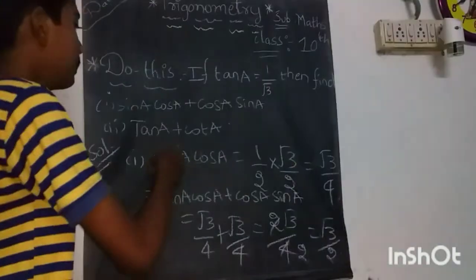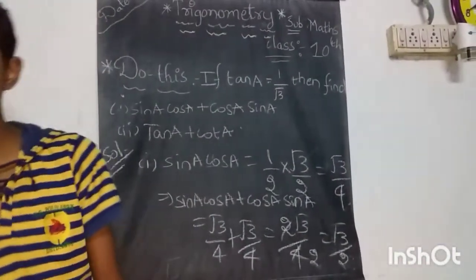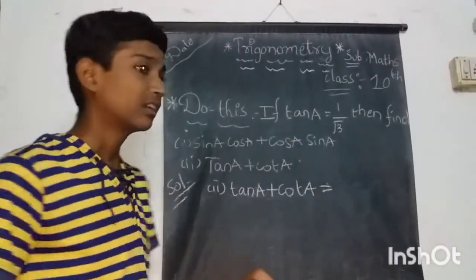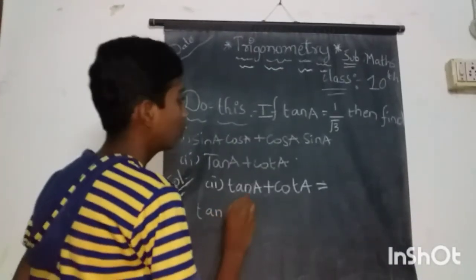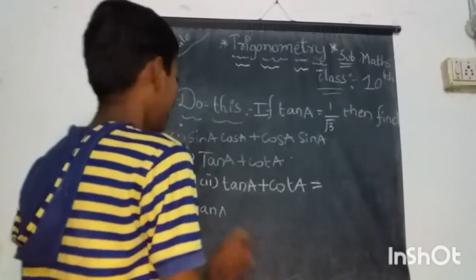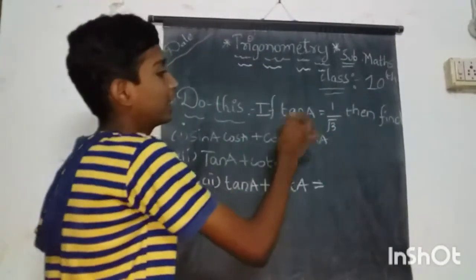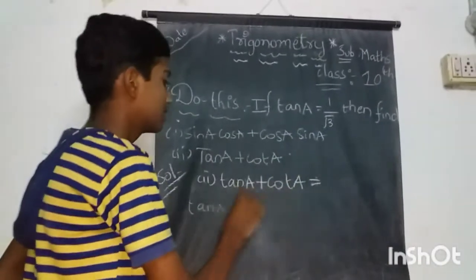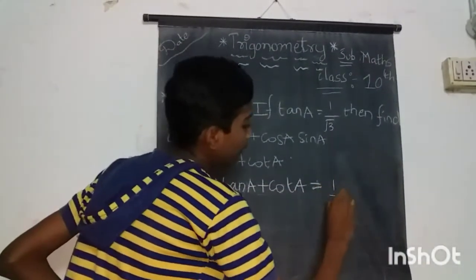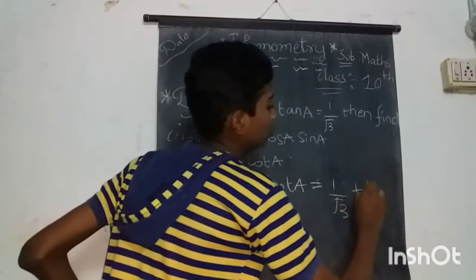Next, tan A plus cot A. Let us find it. Here it is given tan A is 1 by root 3, and cot A is the reciprocal of tan A, root 3. Substitute it: 1 by root 3 plus root 3.